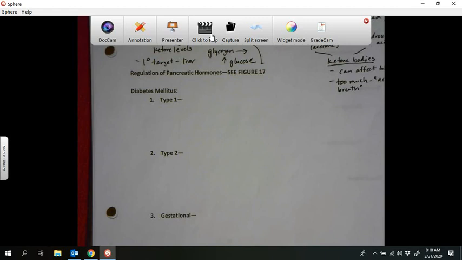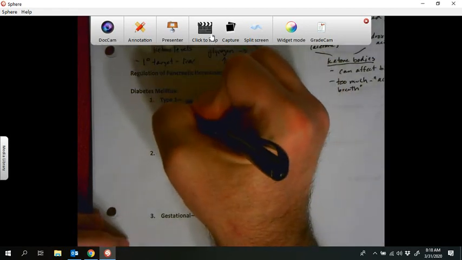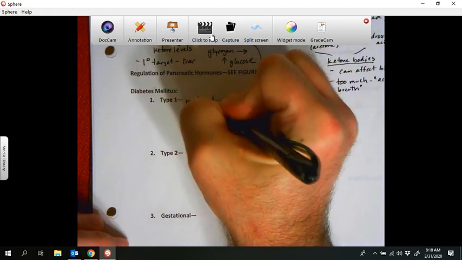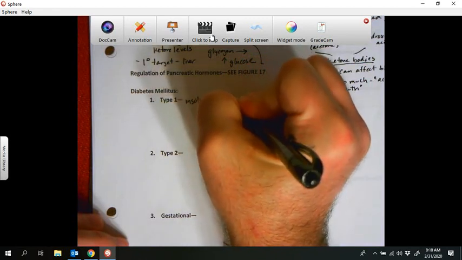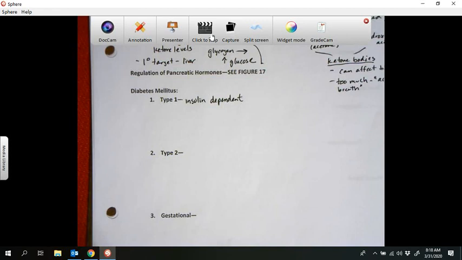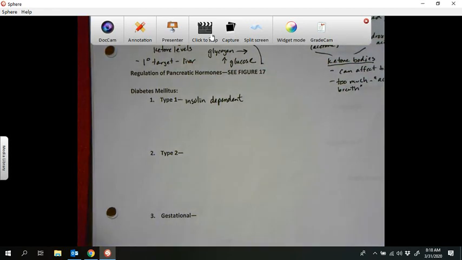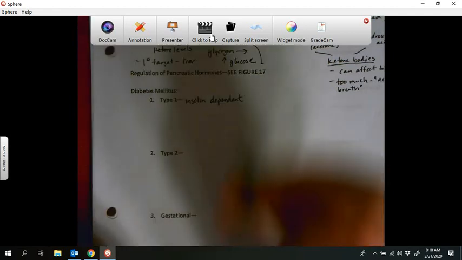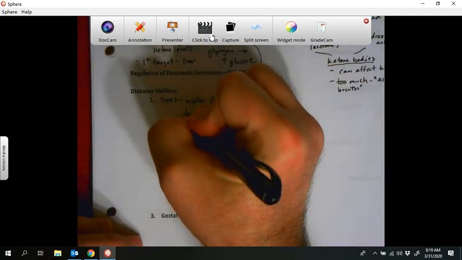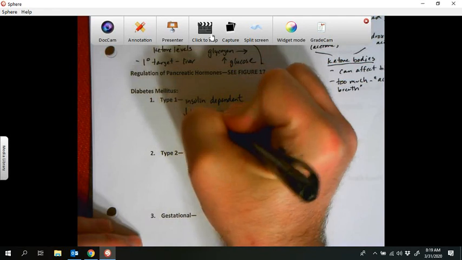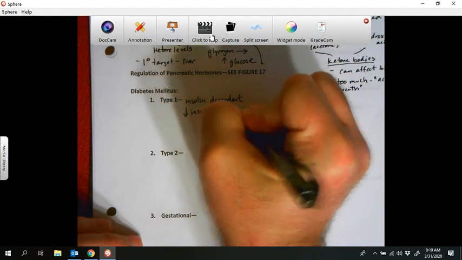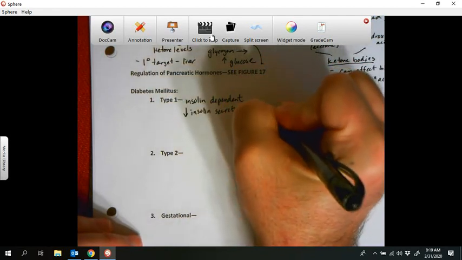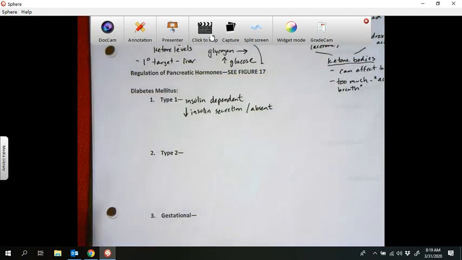And we're going to see that there are three types of diabetes: type 1, type 2, and gestational. Type 1 is also called insulin dependent. So people that have insulin pumps or have to inject insulin have type 1 diabetes. And in this case, there is a decrease in insulin secretion. Sometimes it is completely absent, so there is no insulin secretion.